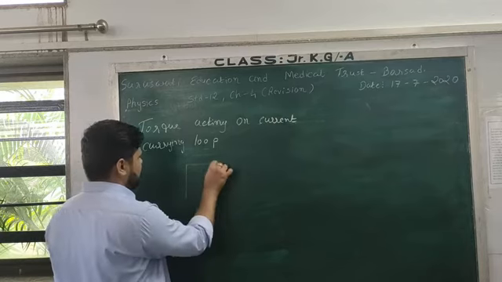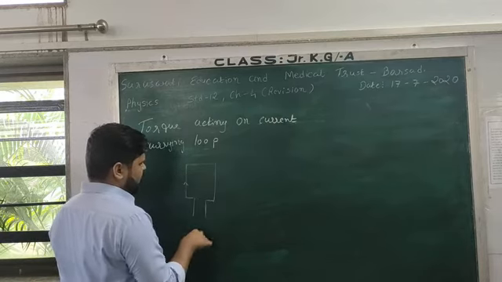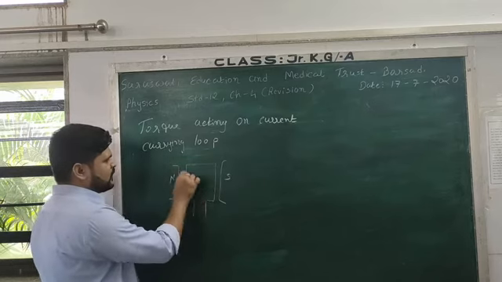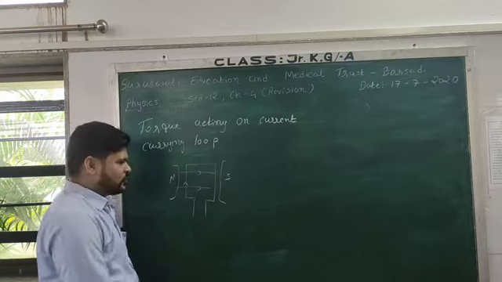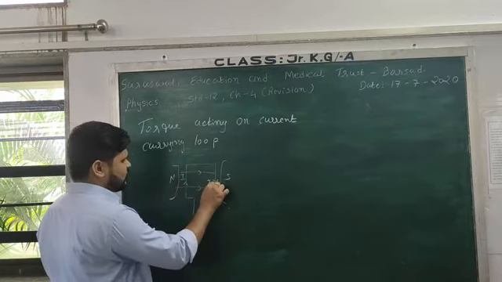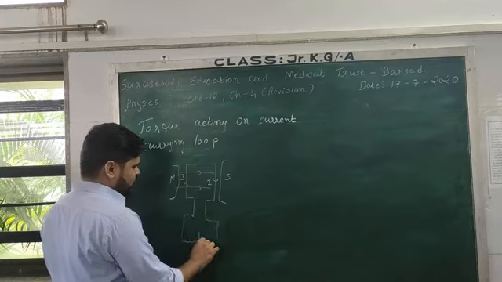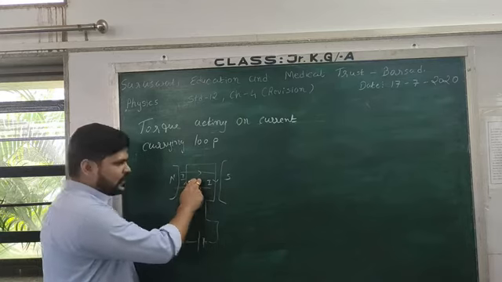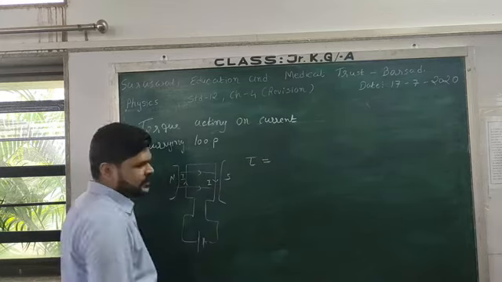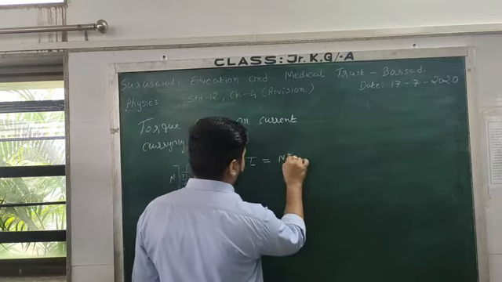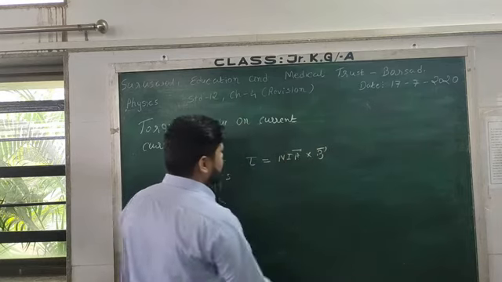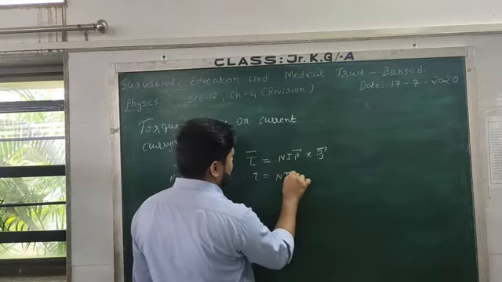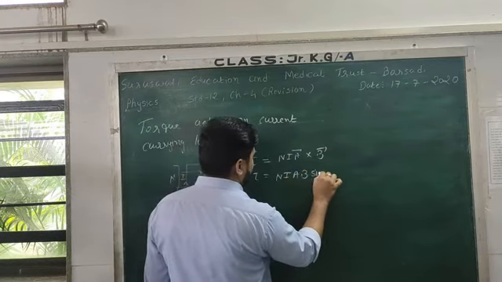So suppose this is one current carrying loop which is in a magnetic field produced by magnets. Current I is flowing, and we place one battery to flow the current in the circuit. Then there will be torque generated on this current carrying loop, and this torque equals NIA cross B. So torque tau equals NIAB sin theta.